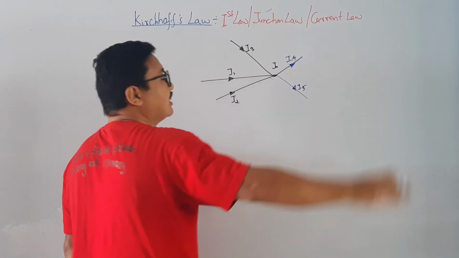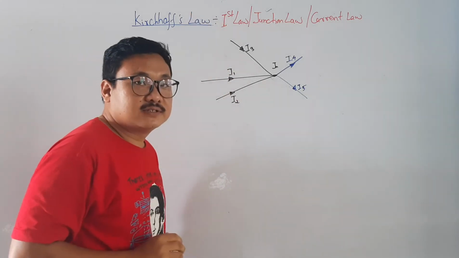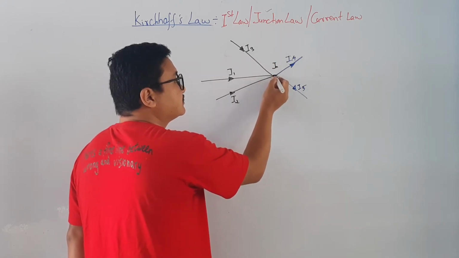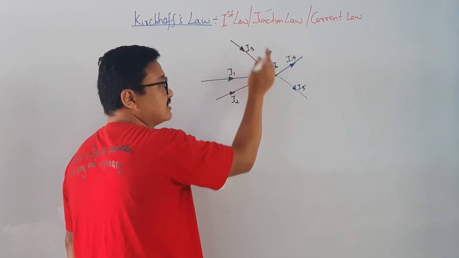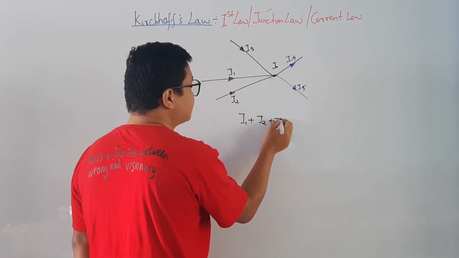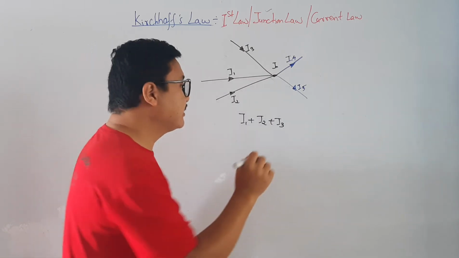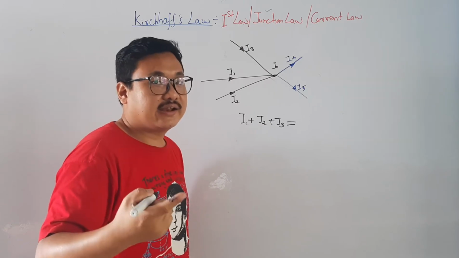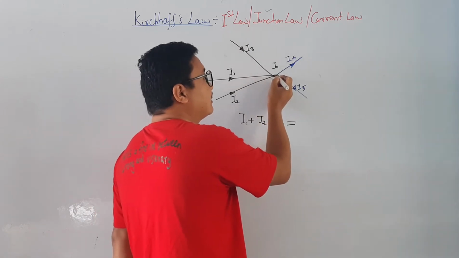At this junction, Kirchhoff's first law says that the algebraic sum of all the incoming currents, that is I1 plus I2 plus I3, is equal to the sum of all the currents going away from the same junction. What are the currents going away?